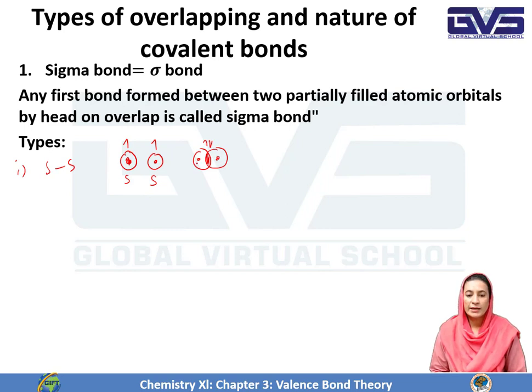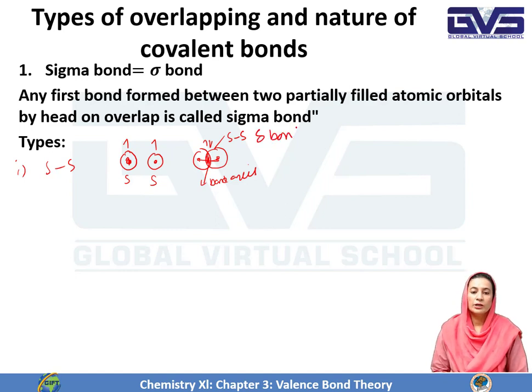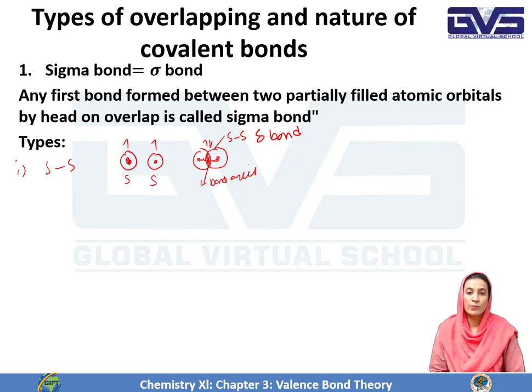This is the line joining the two nuclei of the two atoms, called the bond axis, and this is the s and s sigma bond. In this case, the electron density is symmetrically distributed around the bond axis.